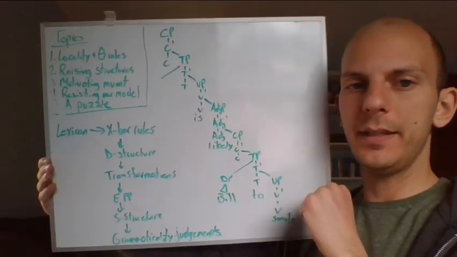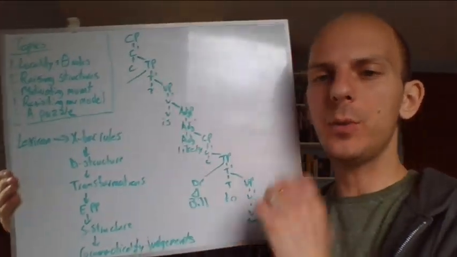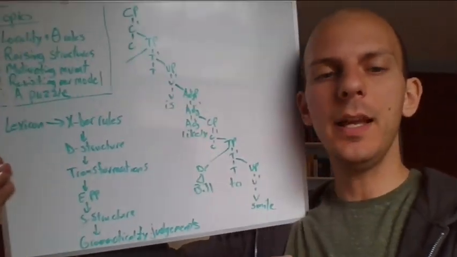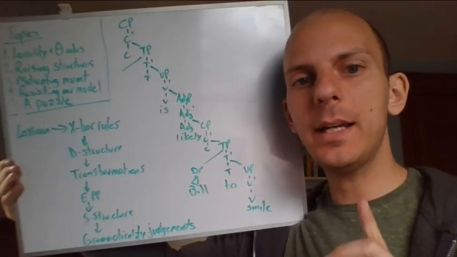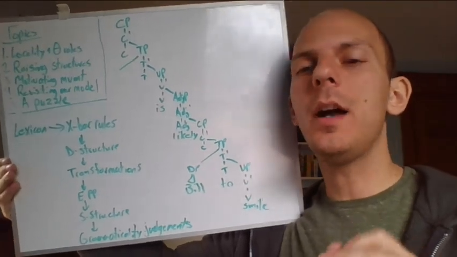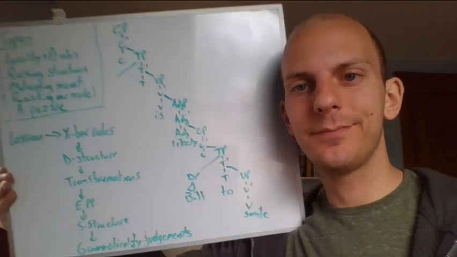I'm going to undo the movement on my tree right now as well. And I'll explain why I'm doing that in just a second. So we have this model of grammar, and what this model of grammar is doing is giving us step-by-step instructions on how to create these trees.